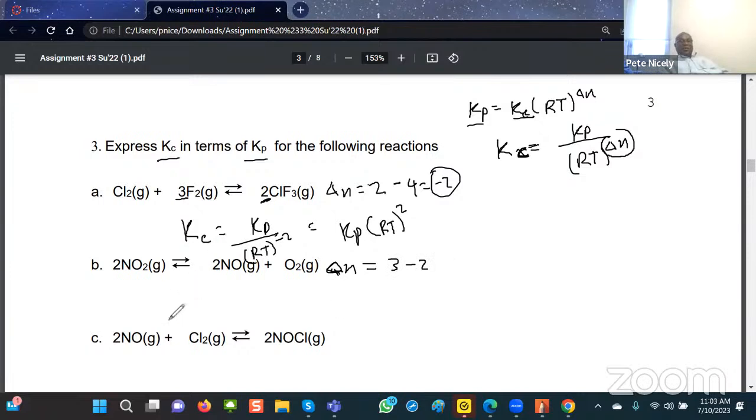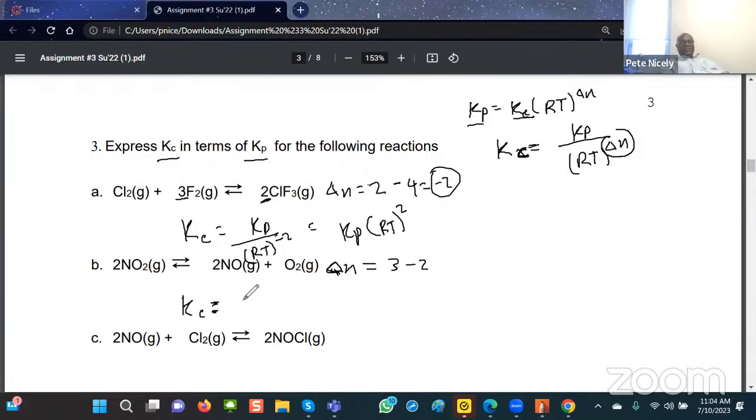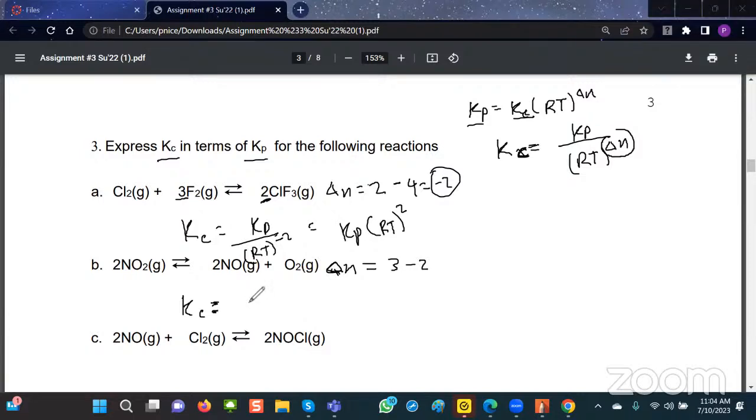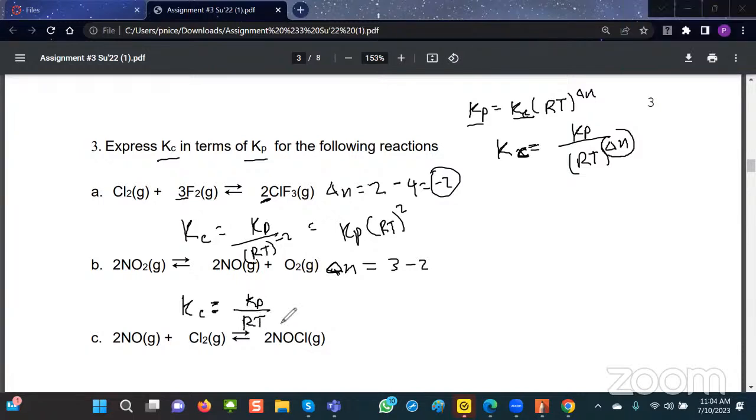So what is Kc equal to as a result? It would be Kp divided by RT, raised to the 1, which is the same thing as RT.